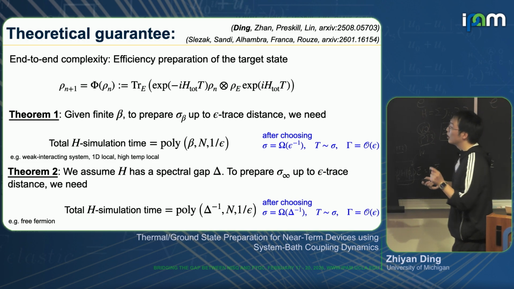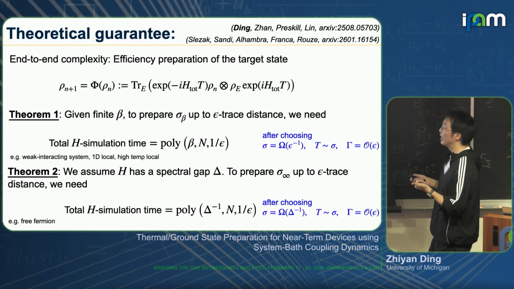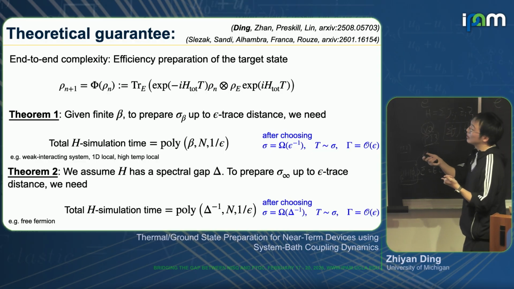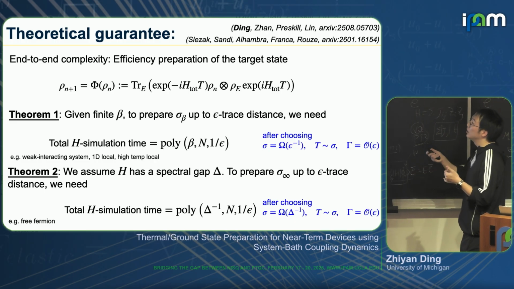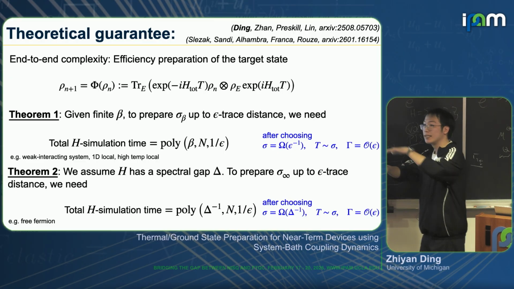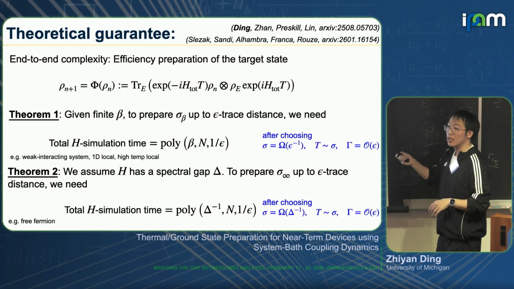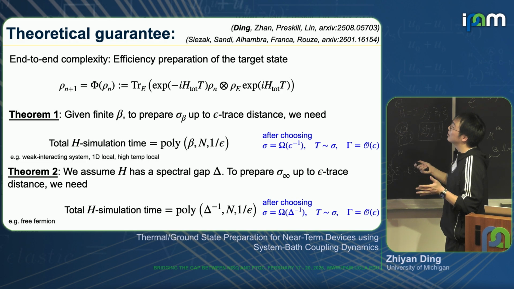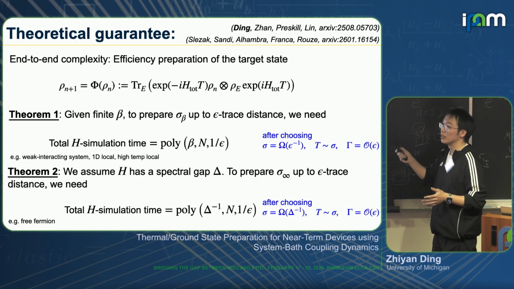In our algorithm, to make sure that I can get epsilon precision, I need to choose my sigma to scale as 1 over epsilon. And in my algorithm, the simulation time capital T scales linearly in sigma. Also, in all of these results, we need to assume that the interaction between my system and the bus is very weak, meaning that this parameter gamma scales as order epsilon. So this is a result in our previous papers and our very recent work.